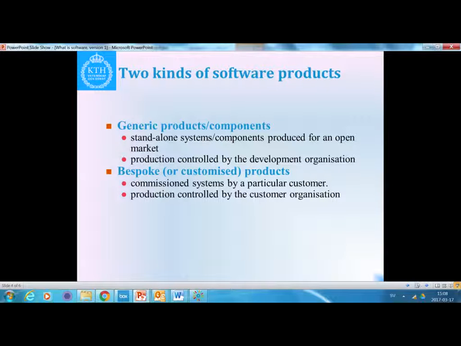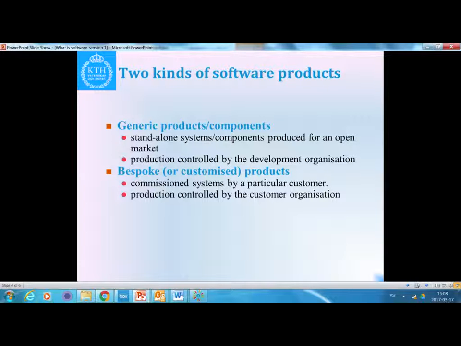What is interesting here is that production is controlled by the development organization. It is them who define requirements and it is them who implement the requirements. It is different with bespoke or customized products. Products that are customized are commissioned by a particular customer.